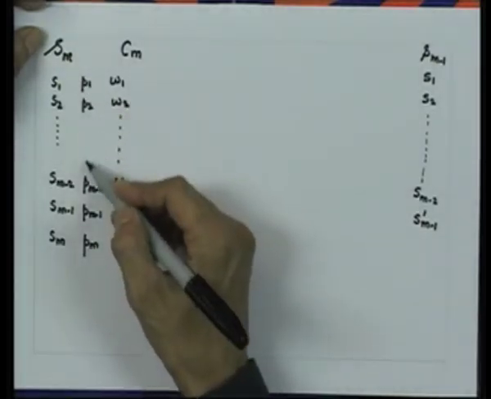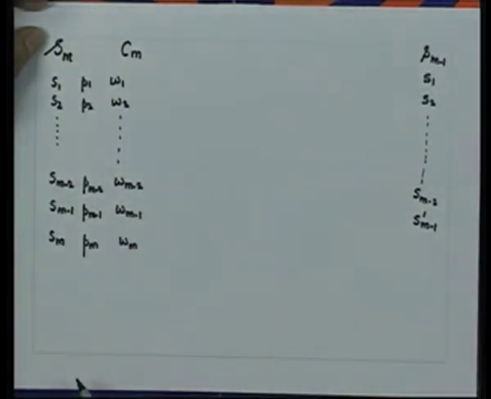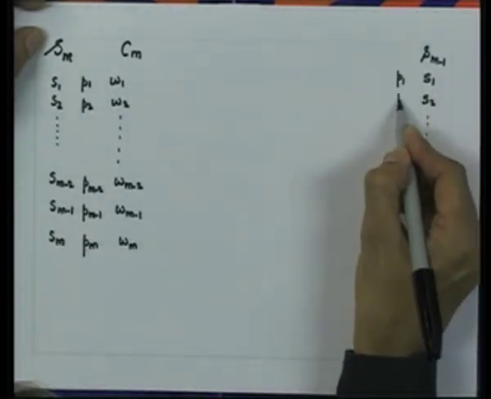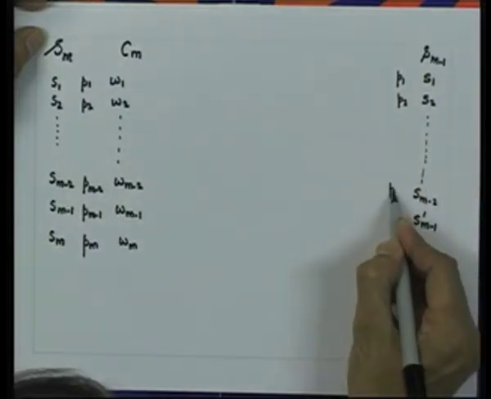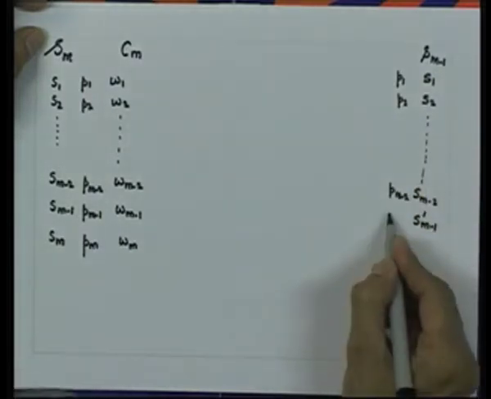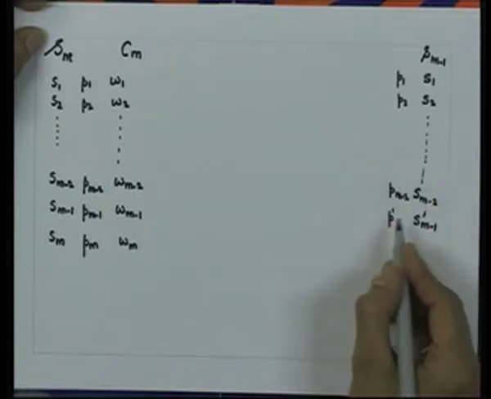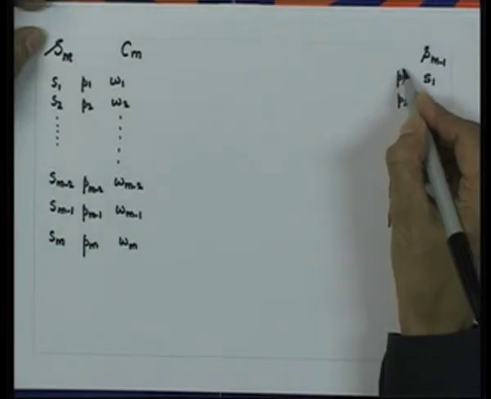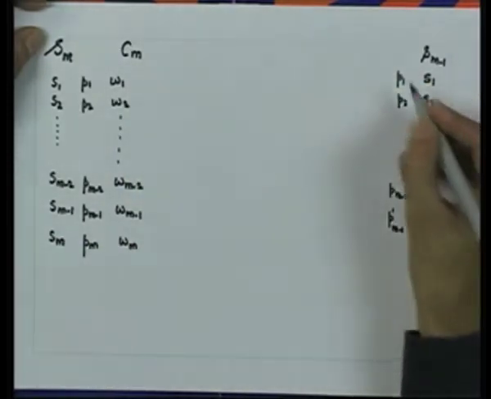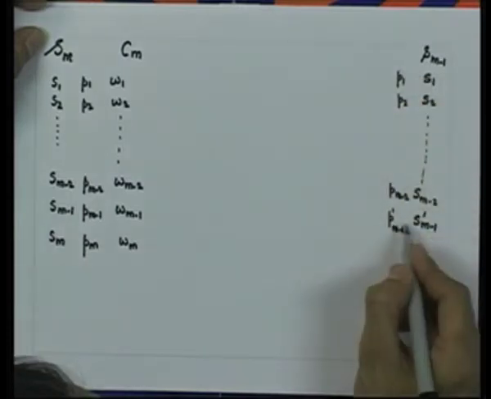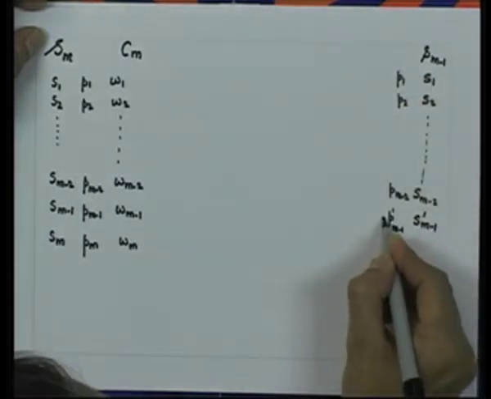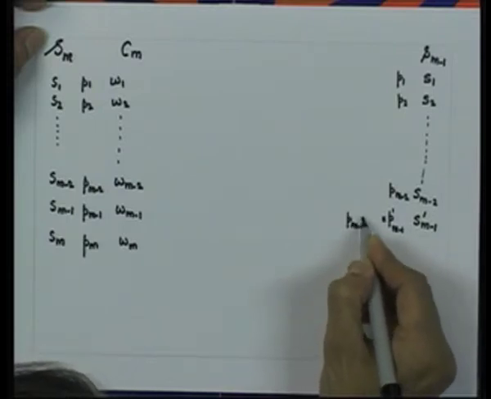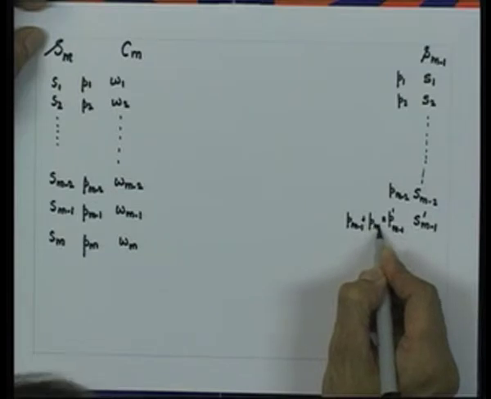I am assuming that we have arranged these in decreasing order of probability, and the associated probabilities are P1, P2, up to P_(m-2). If you wish you can put dashes, but P1' is equal to P1, so it makes no difference, and P'_(m-1) is equal to P_(m-1) plus P_m.